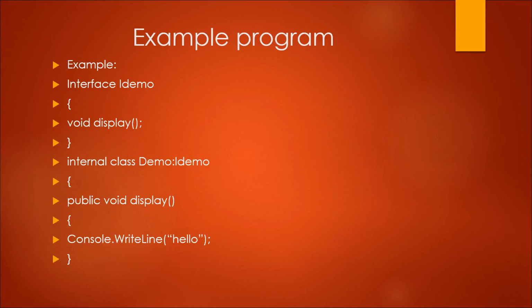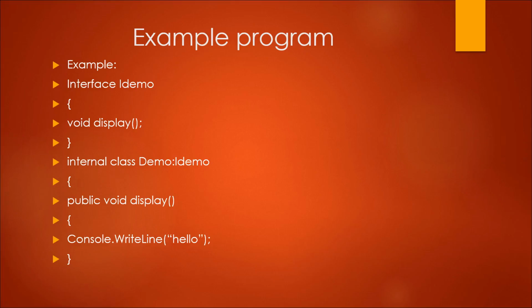Now, this is an example program of creating an interface. Interface is the keyword, and then we have the IDemo. IDemo is the name of the interface. Then we have declared a method inside that interface with the name display, and the return type of that is void display.